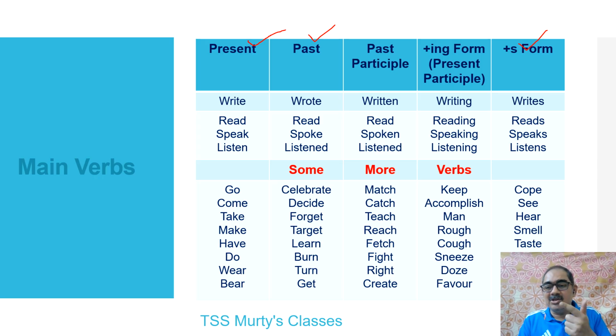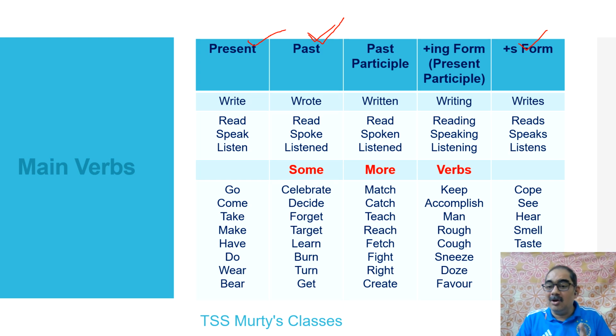Means he, she, it. With these 3 pronouns, we use it. He writes, she writes, it writes. In present tense, this is how we use it. While write in general is a present tense form, writes is also another present tense form, but the past tense form for both of them is this one, wrote, as I said.